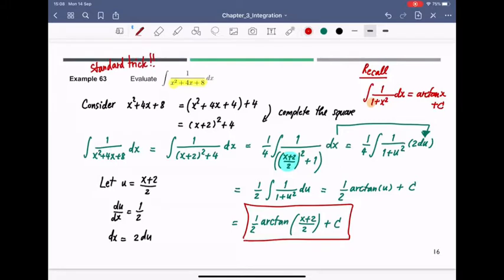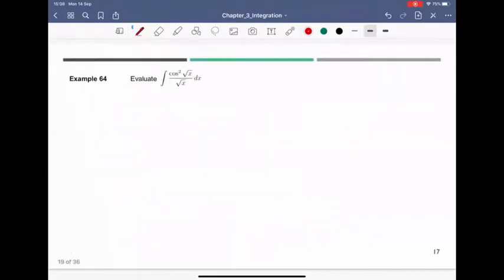All right, another standard trick that we can use is when we see cosine squared and sine squared. We're going to illustrate that in example 64. So let's look at example 64. We want to evaluate the integral of cosine squared of root x over root x dx.